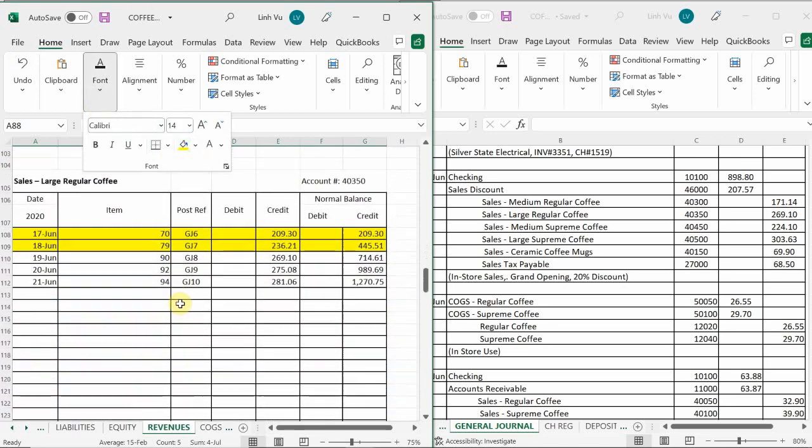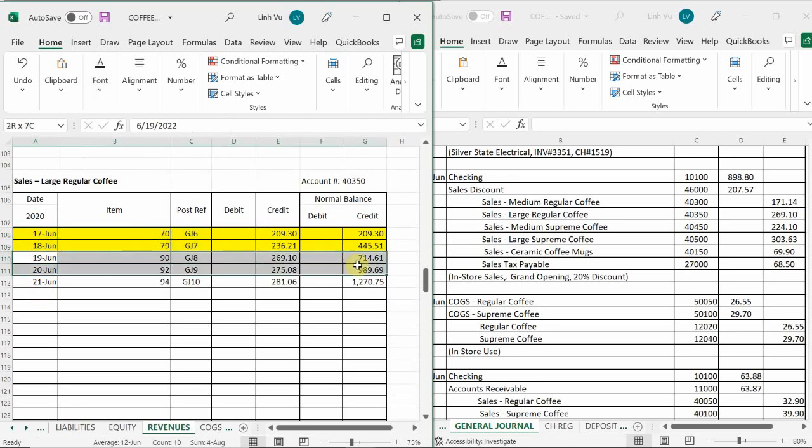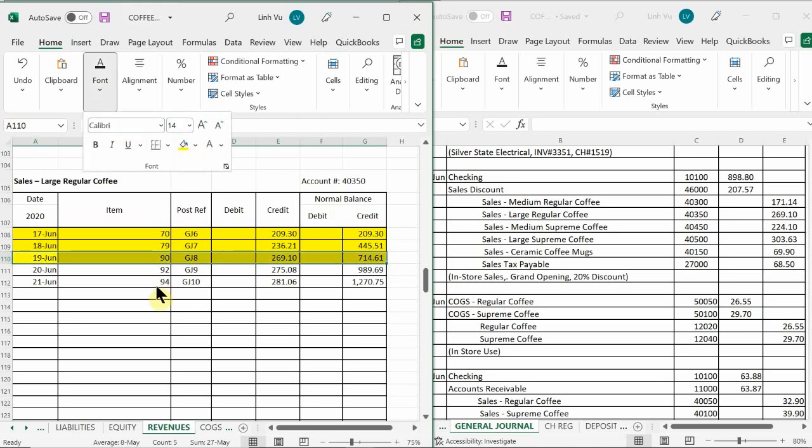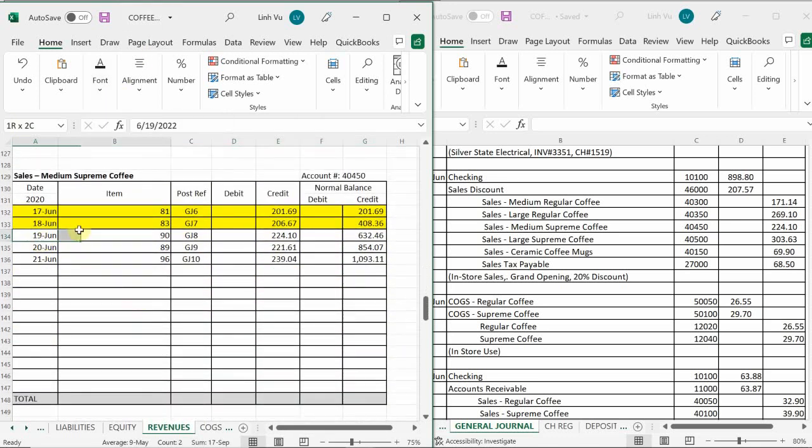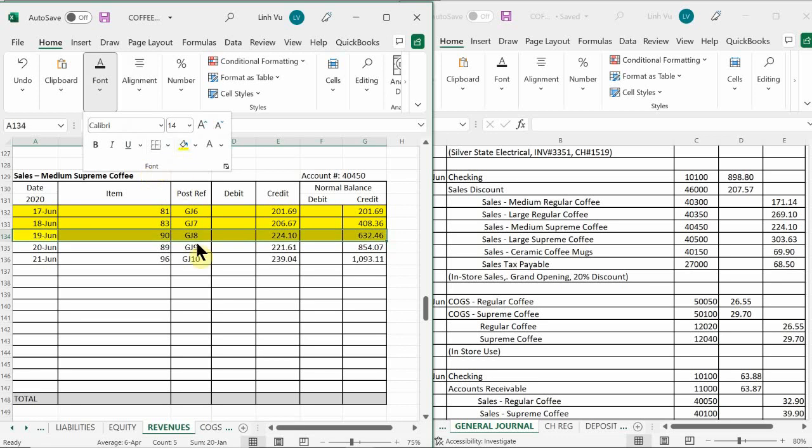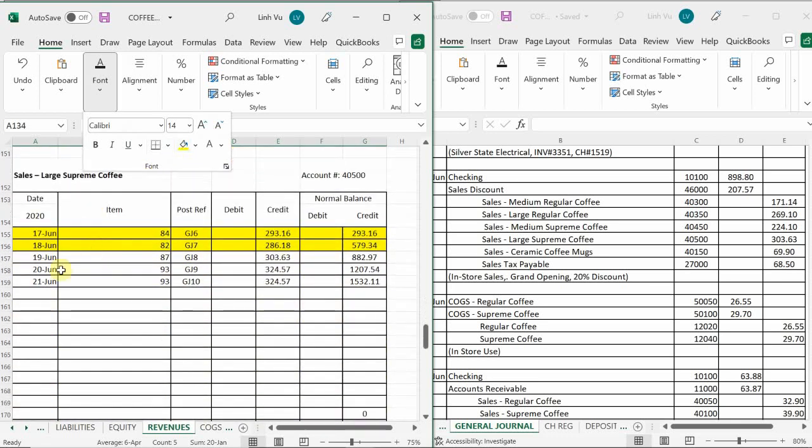Okay, we sold our large regular for $2.69. We sold our medium supreme for $224. And we sold our large supreme for $303. Okay, and of course we had sales tax.